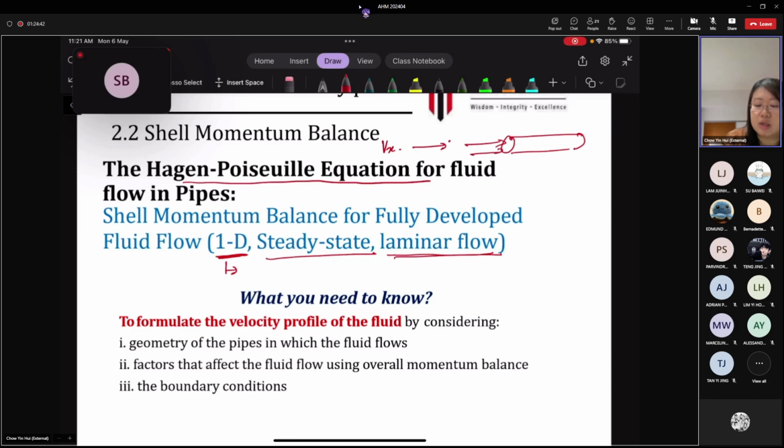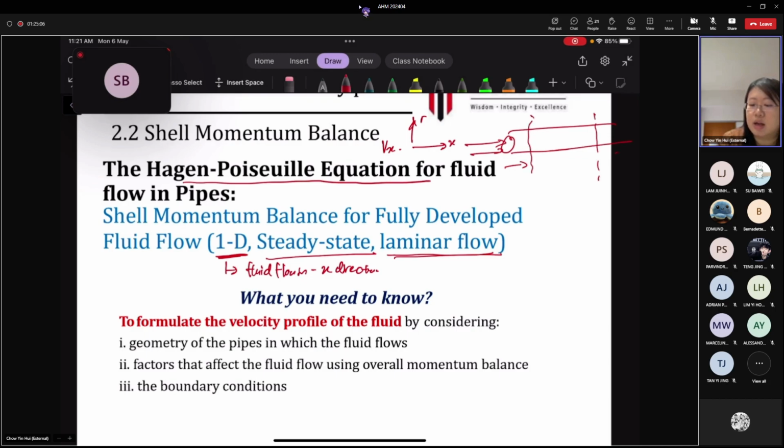So this is the x direction, and this is the radial direction. We are looking at fluid flow in just one direction, the x direction, and we are looking at the fully developed region. If it's a very long pipe, the fully developed region is somewhere further down from the entrance and upstream of the exit.